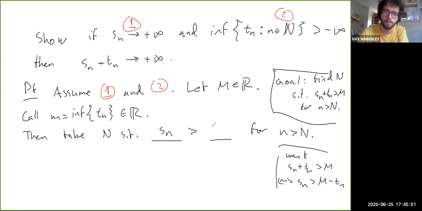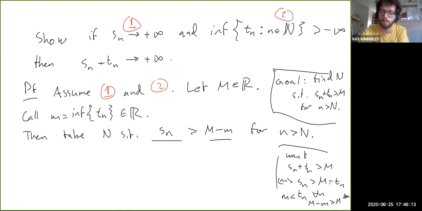But basically the answer here is m minus little m, because m is less than Tn for all n. So m minus little m is bigger than m minus Tn. Okay, it got kind of cramped.